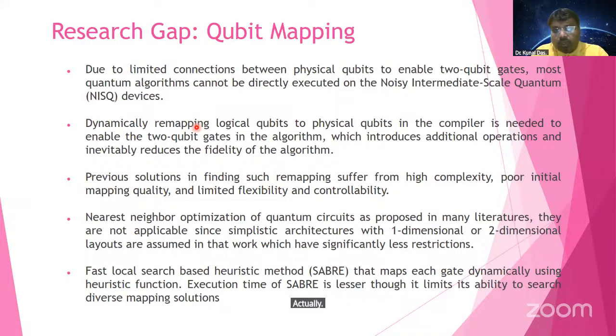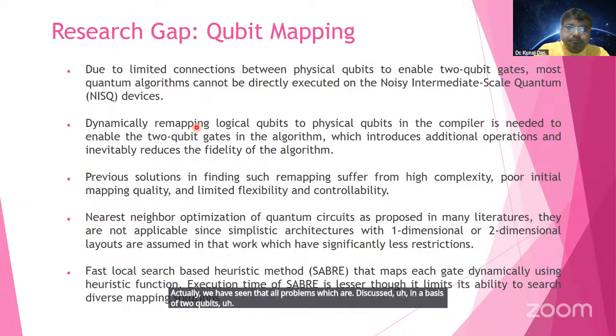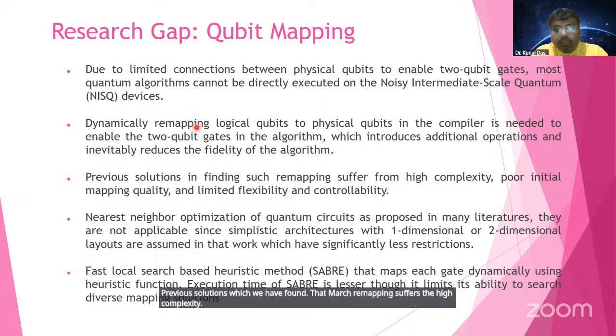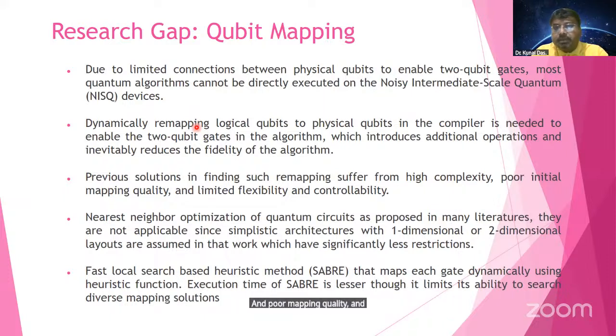Actually, we have seen that all problems which are discussed are on the basis of 2-qubit gates. Previous solutions which we have found, that much remapping suffers high complexity, poor mapping quality, and limited flexibility and controllability.